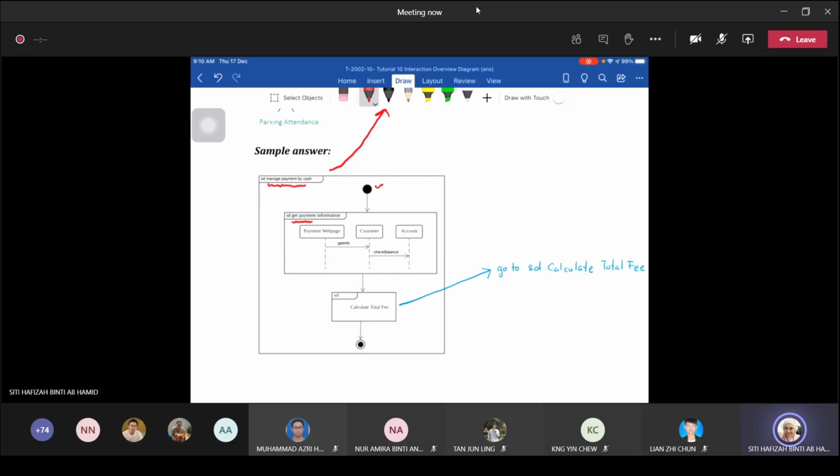And then after that, I combine with the calculate total fee, which is an included use case. So if we go to SD calculate total fee, this is a reference, just to show how it works for an included use case. And end with the end node.